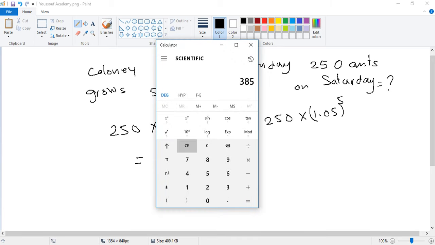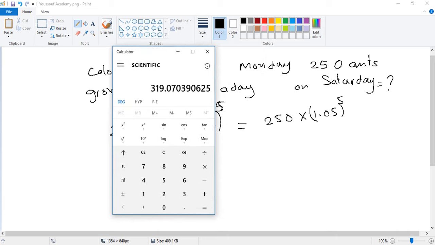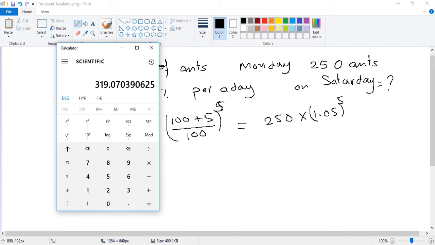Okay, it will be 1.05 to the power of 5. The answer is this, and then we multiply it by 250. It will give us 319 ants.